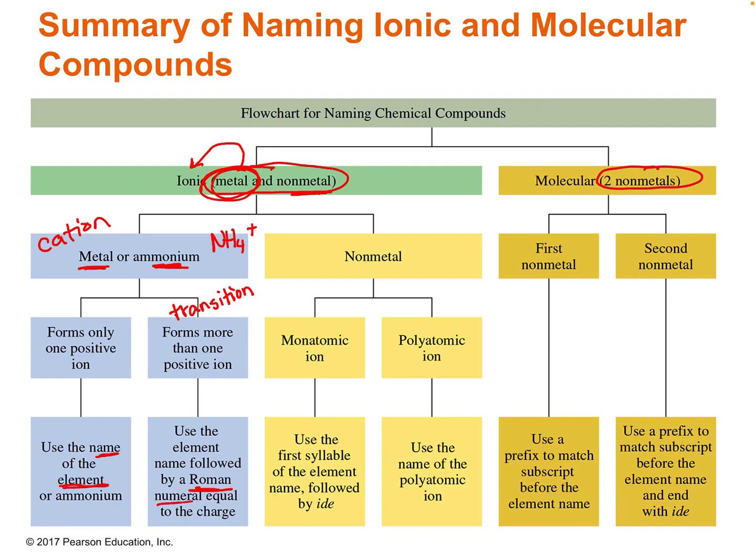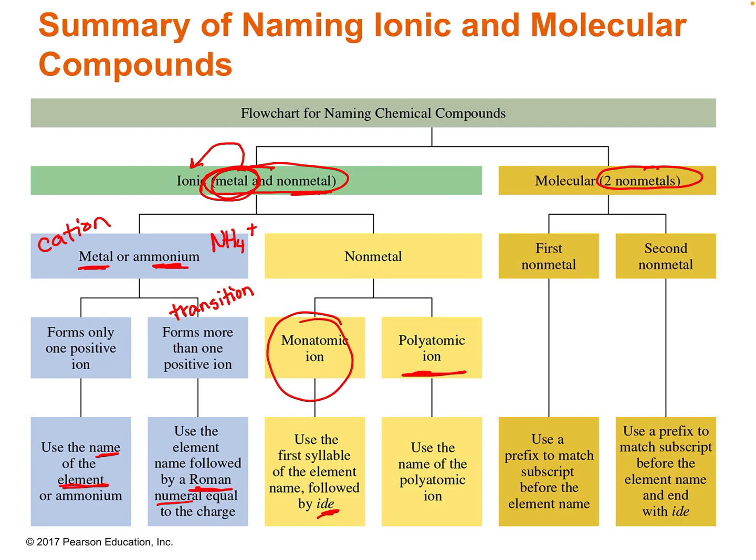So that would be how we would name that. And for the second one, the nonmetal, if it's just an element, like it's a sulfur or it's an oxygen, right? That's what a monatomic ion means. Then you're going to use the first syllable of the element followed by IDE, so like oxide or sulfide. And if it's a polyatomic ion, then you're just going to use the name of the polyatomic ion.